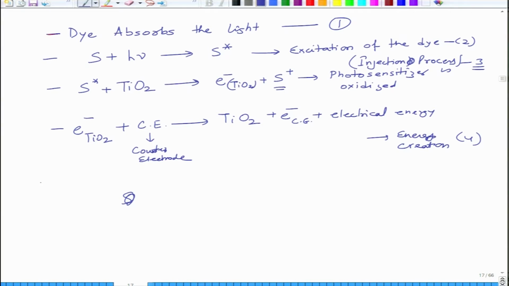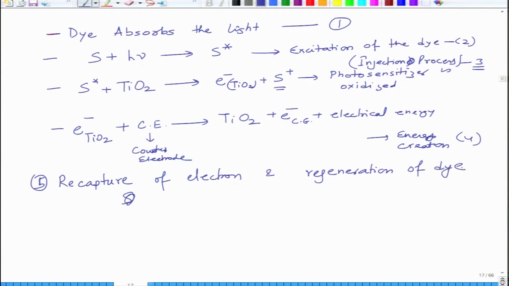Once the electron reaches, first is a recapture of electron, they happen simultaneously. So, you can say this is 5 and 6, and then we have regeneration of dye. This S plus reacts with 3/2 I minus to give rise to S, so it comes to normal state, with I3 minus.